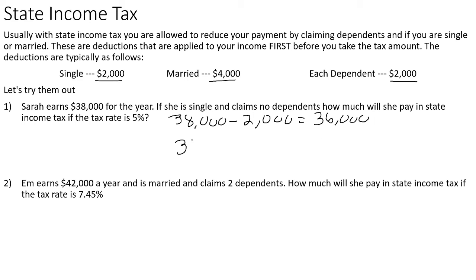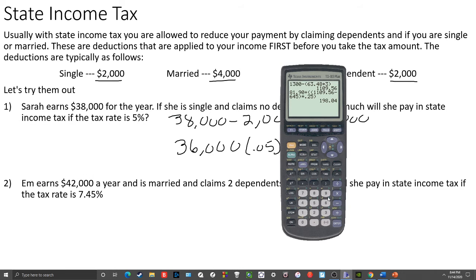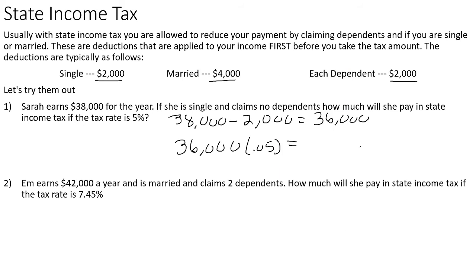So we're going to take $36,000 because that's her taxable income, and times it by 0.05 to figure out how much income tax to give the state. So 0.05, and that's 1,800. So $1,800. That's how much she would have to pay the state in income tax.